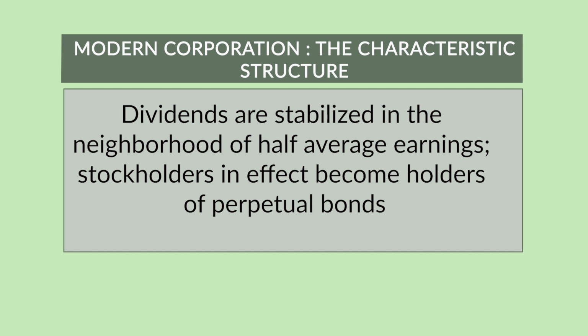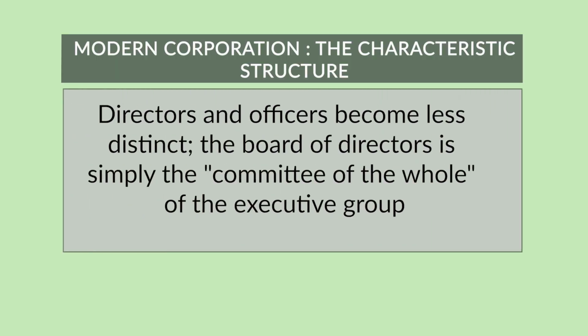Stockholders, in effect, become holders of perpetual bonds, and with the sublimation of ownership, management has become more professionalized. Managers basically are not owners in this type of modern corporation. Typically, they have been internally recruited. The directors and officers become less distinct. The board of directors is simply the committee of the whole of the executive group.